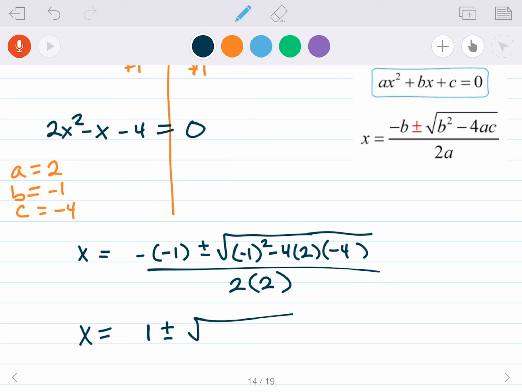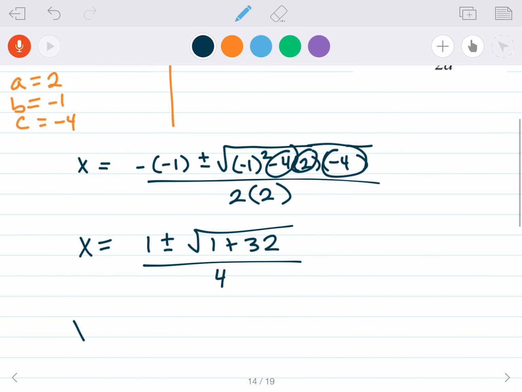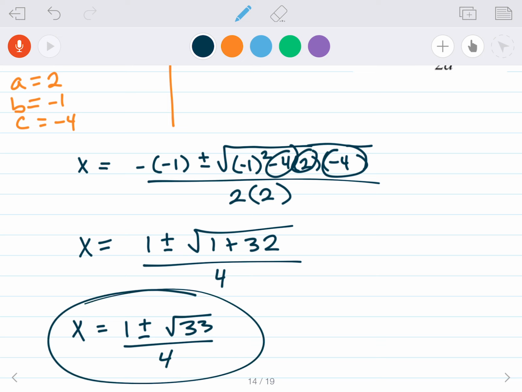On the inside, negative 1 squared is 1. Negative 4 times positive 2 times negative 4 is going to be a positive 32. And that's all over 2 times 2 is 4. Finally, on the inside of the radical, 1 and 32 make 33, which can't be simplified. All over 4. And those are my zeros.